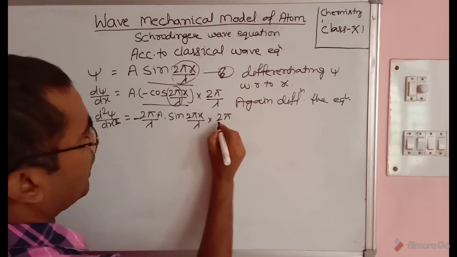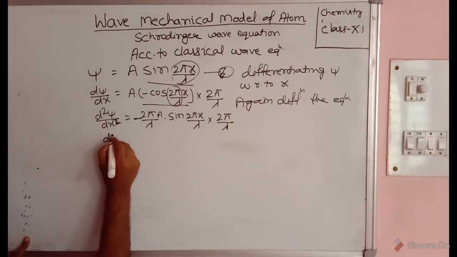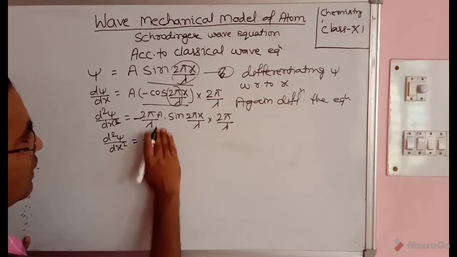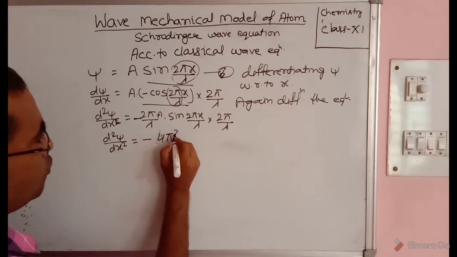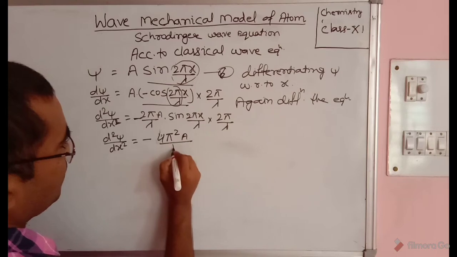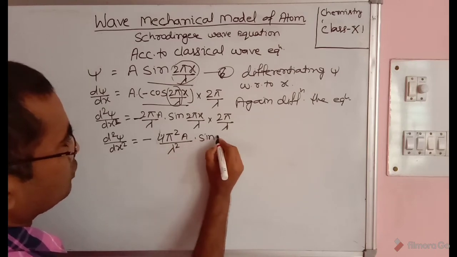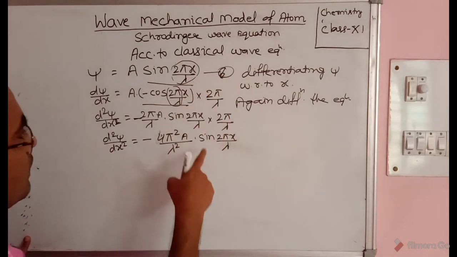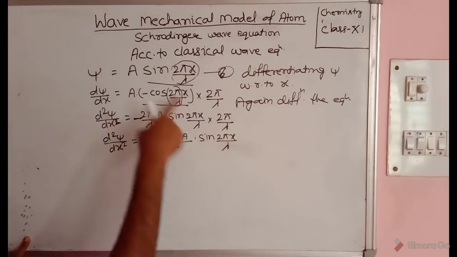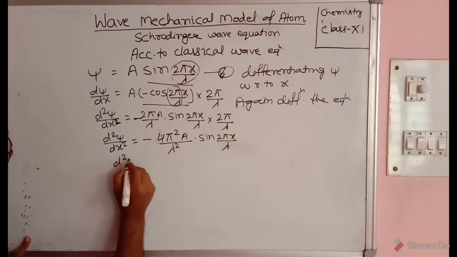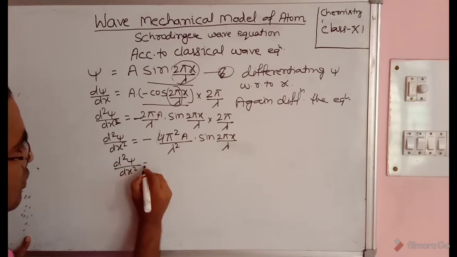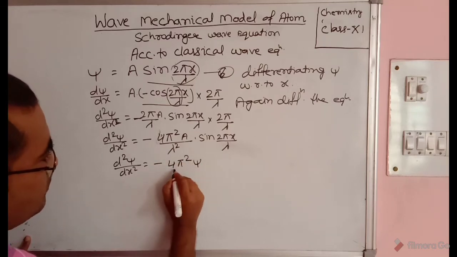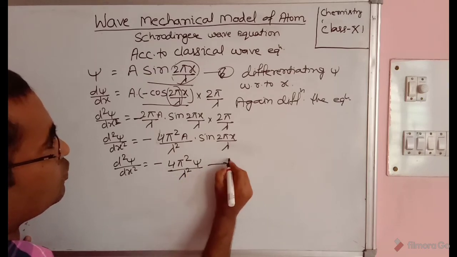You can write d square psi by dx square is equal to minus 4 pi square a by lambda square into sin 2 pi x by lambda. And from equation 1, a sin 2 pi x by lambda is equal to psi, so d square psi by dx square is equal to minus 4 pi square psi by lambda square. This is equation 2.